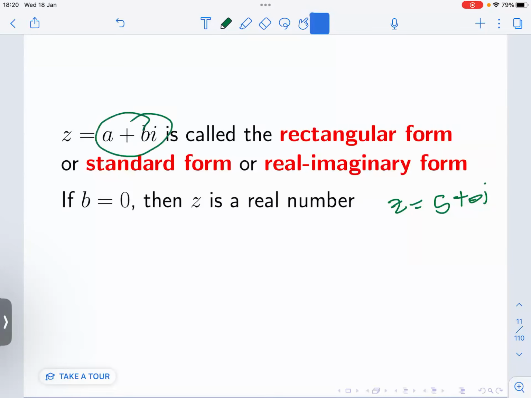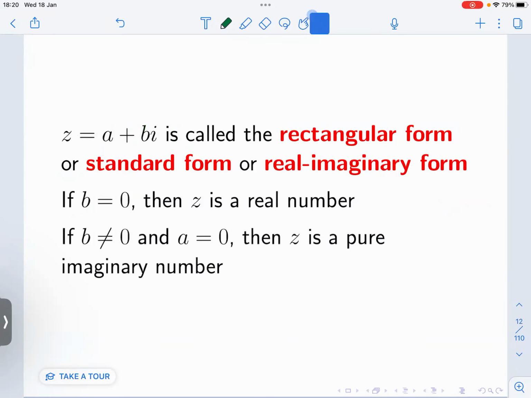For our complex number a + bi, if it happens that the value of b is not equal to 0, but a is equal to 0, then we have what is called a pure imaginary number. And this is plotted on the imaginary axis. So if we consider z = -i, we agree that the value of b is -1.